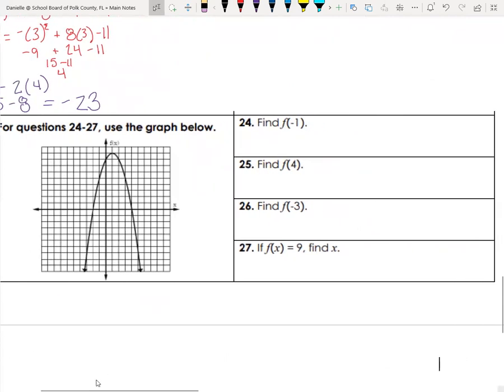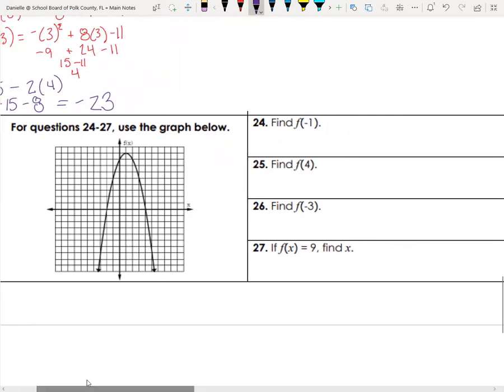So we notice number 1 says figure out what happens if f at negative 1. Well, we know this negative 1 is our input or our x value. So let's go over to where x equals negative 1. And we're going to look up and down on that line.